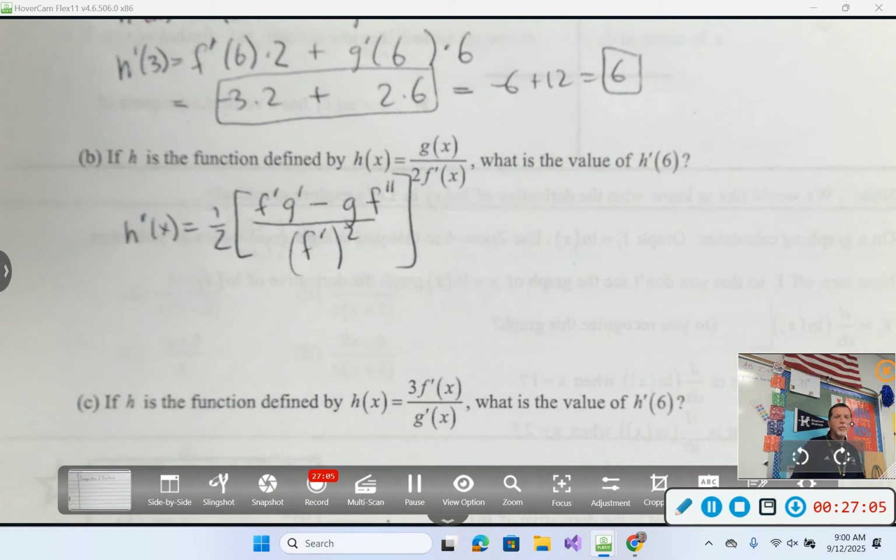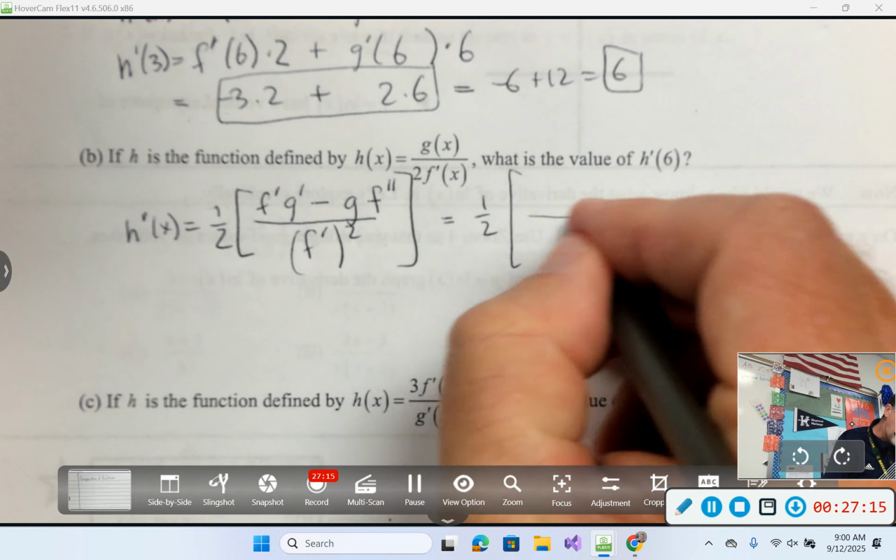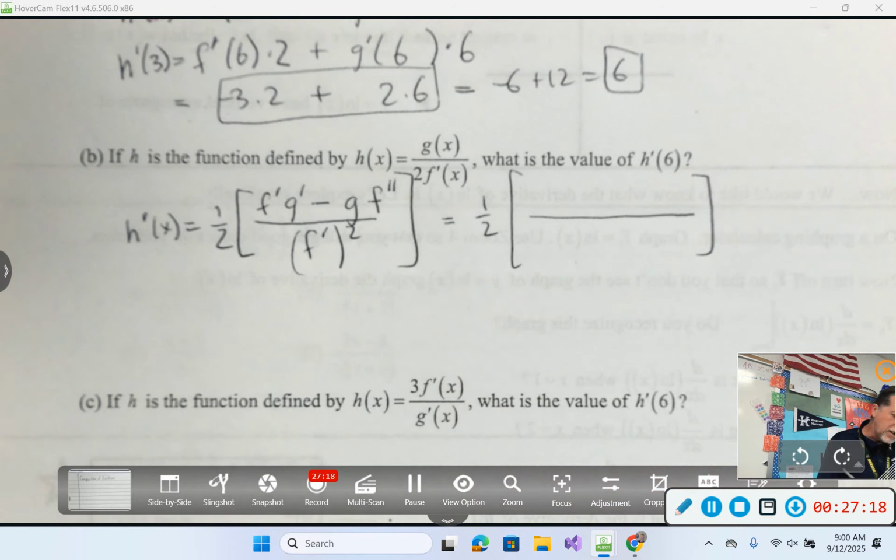So quotient rule, but tricky quotient rule, because we had everything all mixed up. Now it's just a matter of looking at the table and finding the right pieces, which I think is simple enough.